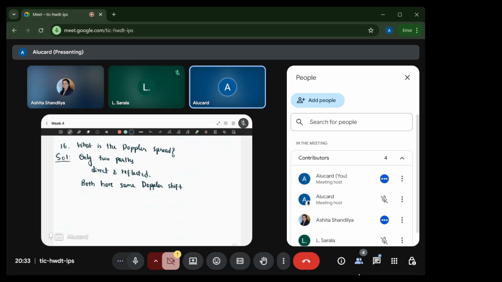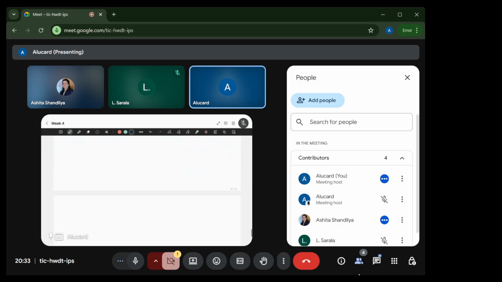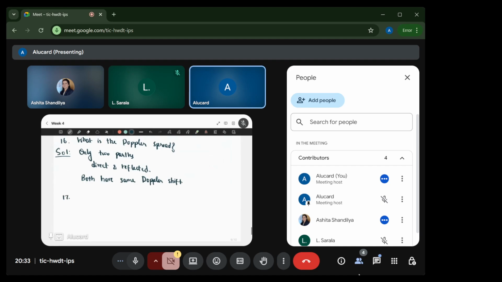What does that mean? I won't write it down, but it's pretty obvious. So when is there constructive interference?